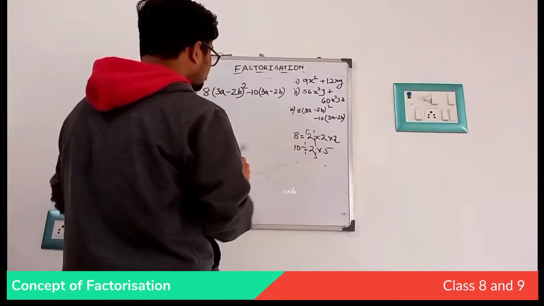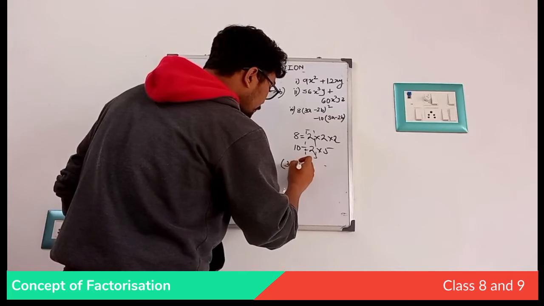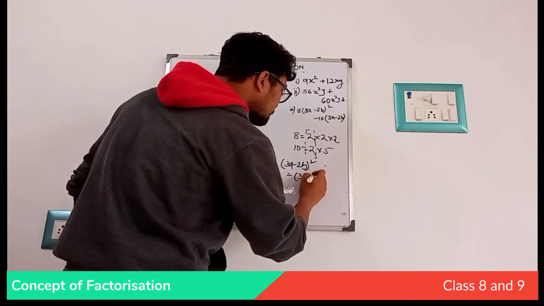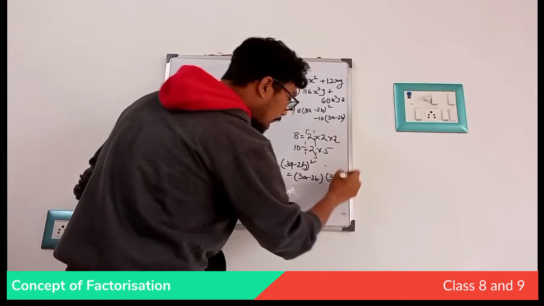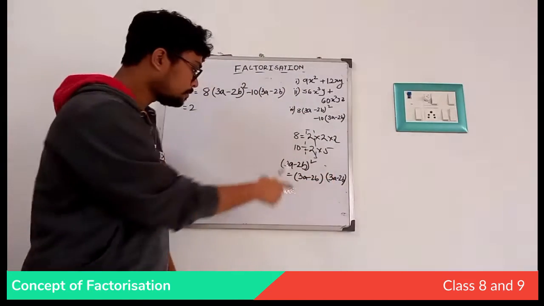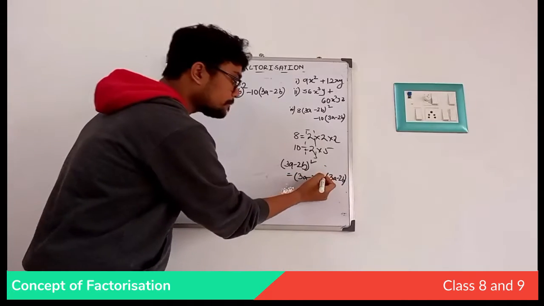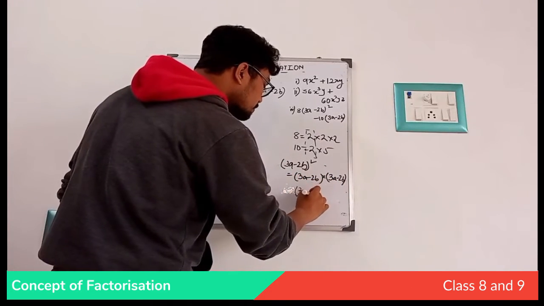So here (3a minus 2b) whole square is also written as (3a minus 2b) into (3a minus 2b), like 4 is written as 2 into 2. And here only one 3a minus 2b is present.